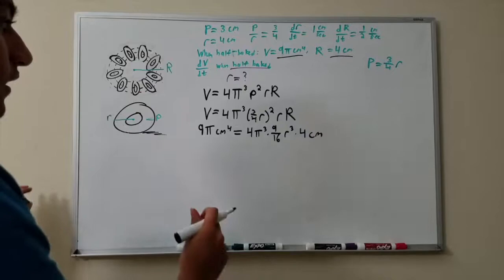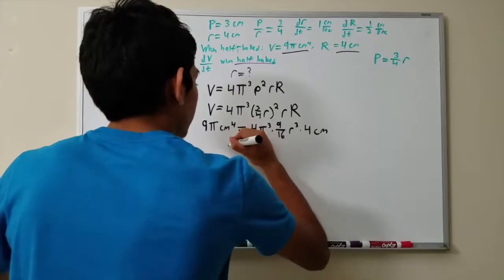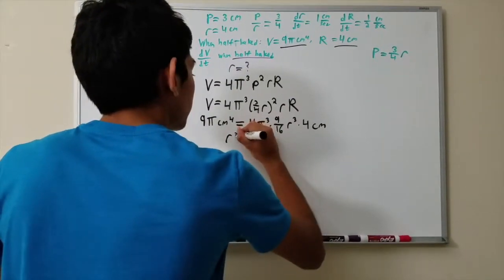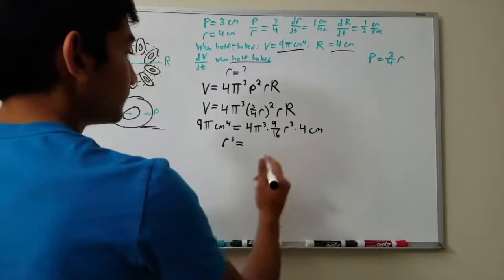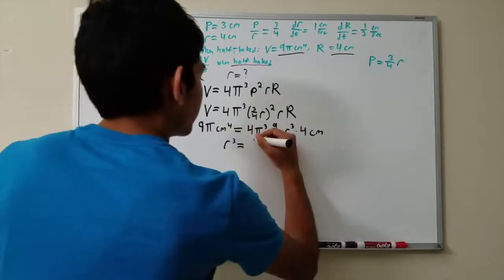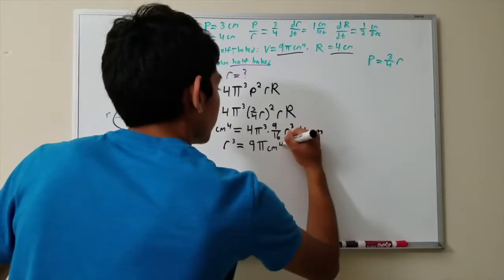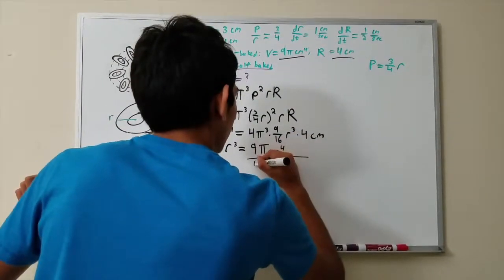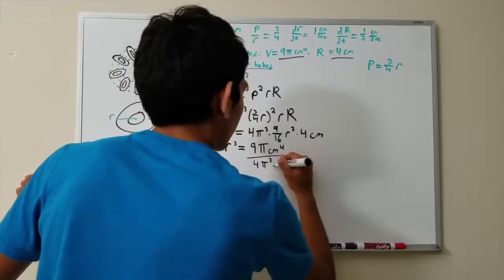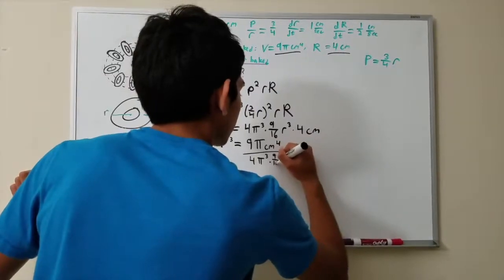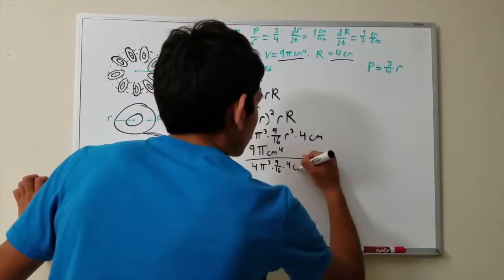So now we can isolate r cubed by saying that r cubed will be equal to, we divide by everything on this side onto that side, so we get 9 pi centimeters to the fourth over 4 pi cubed times 9 over 16 times 4 centimeters.